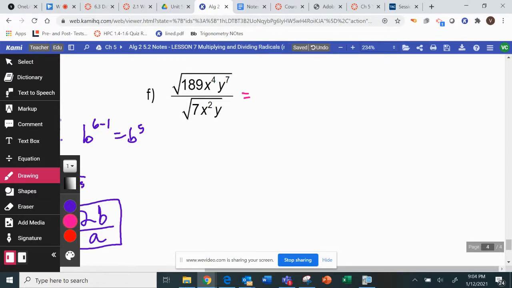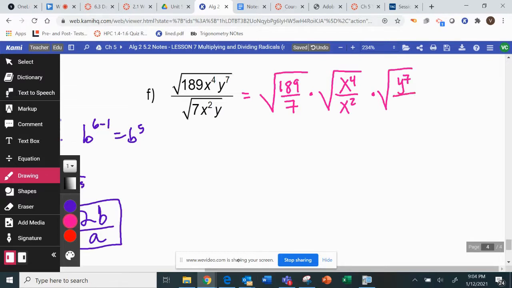All right, this one's similar. They're square roots. I'm going to separate them into separate square roots: 189 over 7 multiplied by the square root of x to the 4th over x to the 2nd, multiplied by the square root of y to the 7th over y.